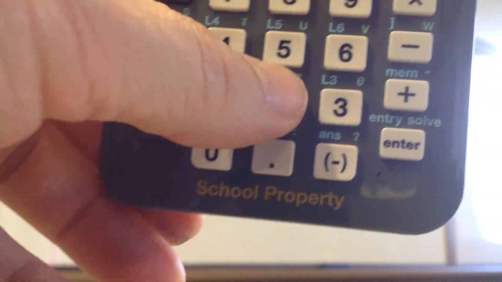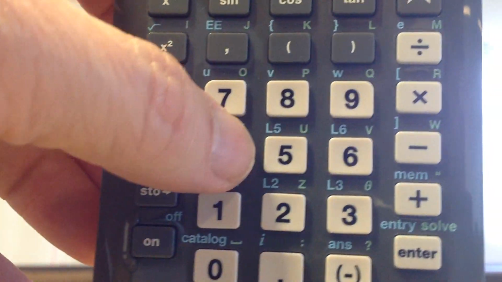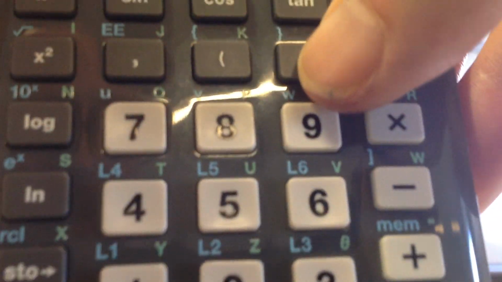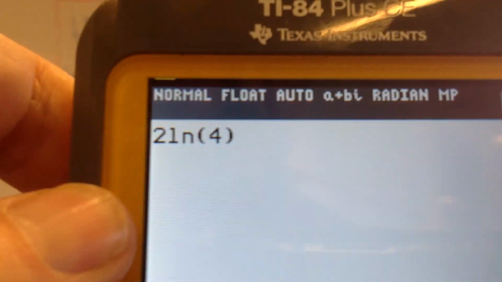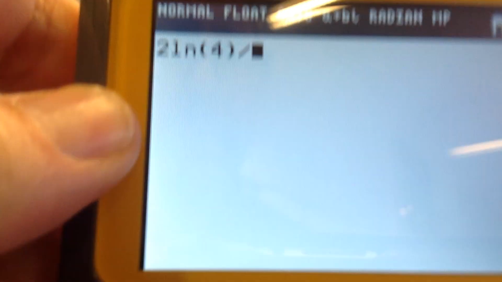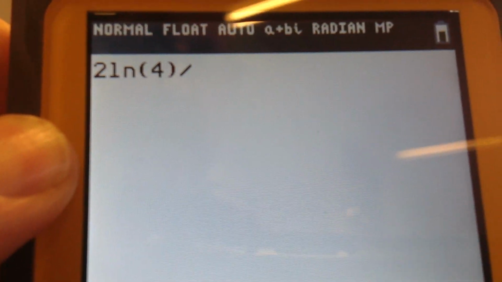Okay, so there's the calculator. The numerator is not really a problem. We can just type in 2 ln 4. Now we've got to make sure to close that parentheses. So there's our numerator, and then we want to divide it by ln 5 minus ln 4.